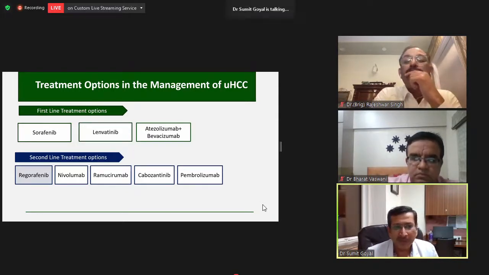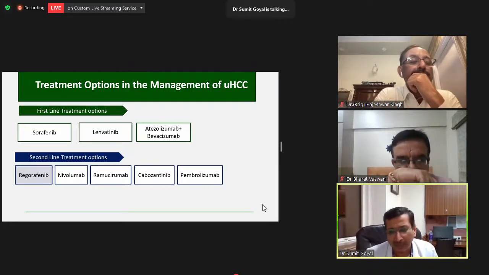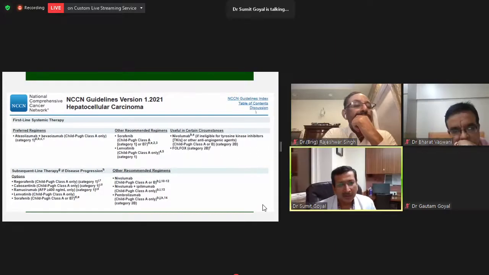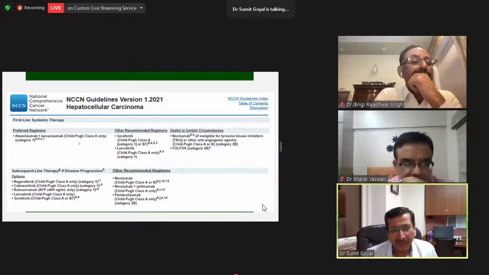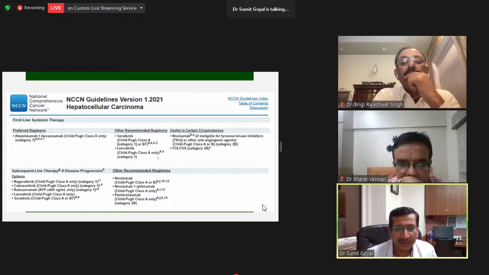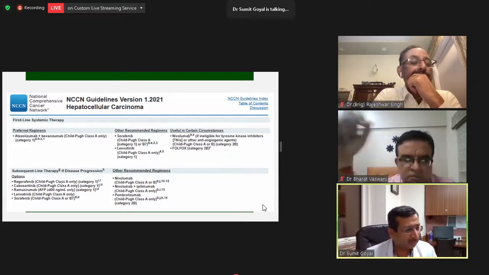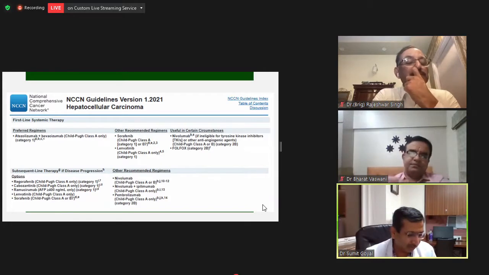First-line TKI options include sorafenib and lenvatinib. In second line, we have regorafenib and cabozantinib. In the guidelines, version 21.1, the preferred option is atezo-bev, and other recommended options are sorafenib and lenvatinib, which are class 1 recommendations, but both are to be used for Child-Pugh class A. In second line, again, the recommendation is for class A only.